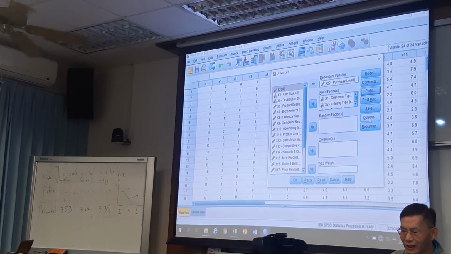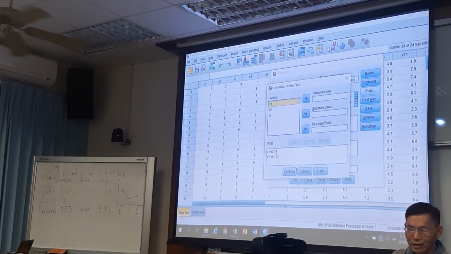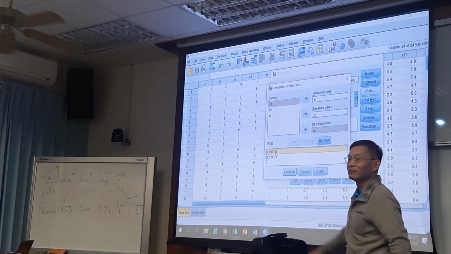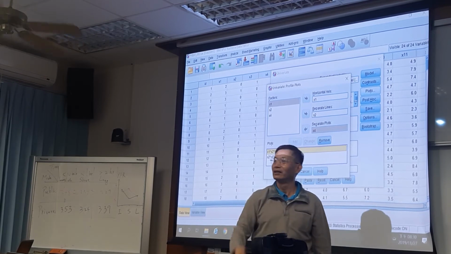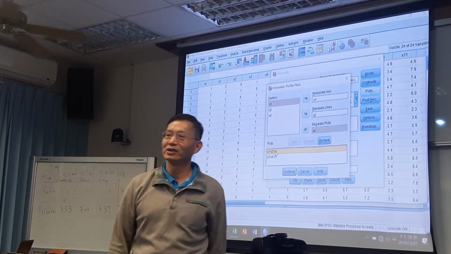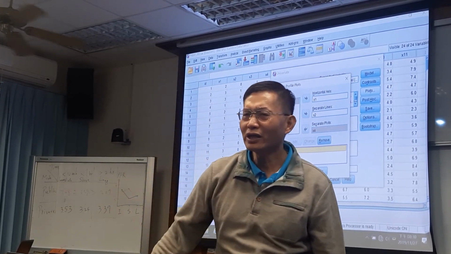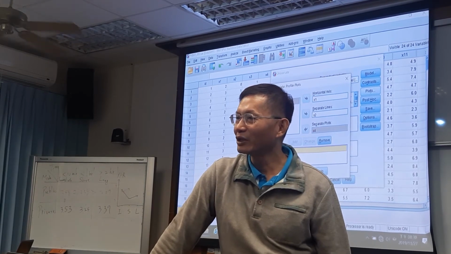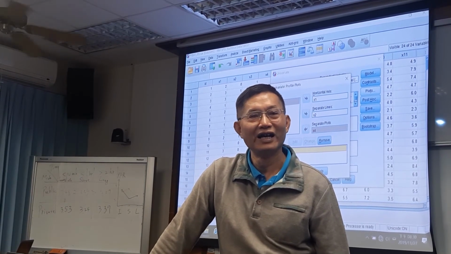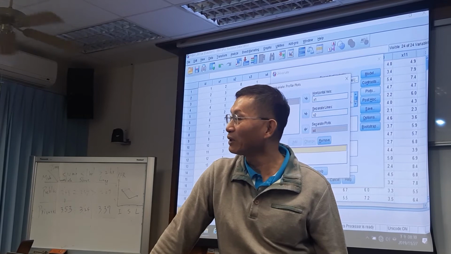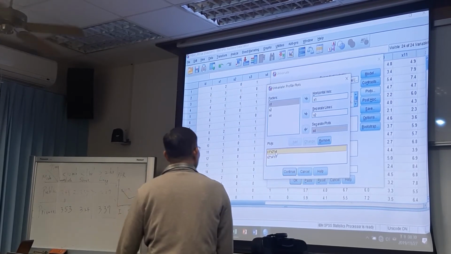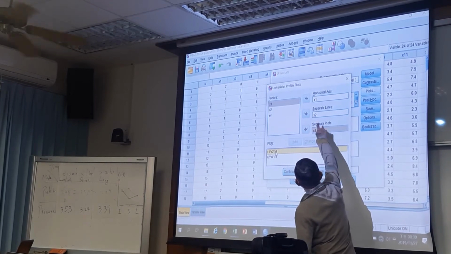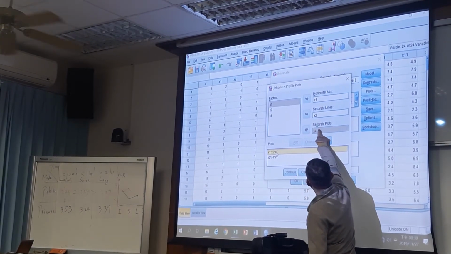Can you tell me how many plots we have for this one? 2? 3? Nobody knows? 1, 2, 3, 4. 4 is separate plot.